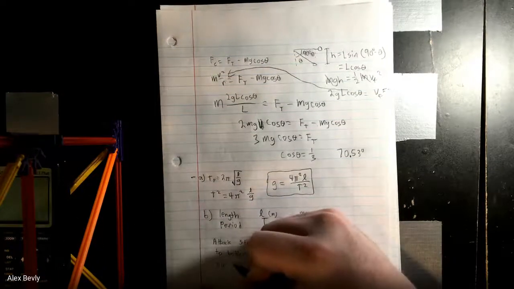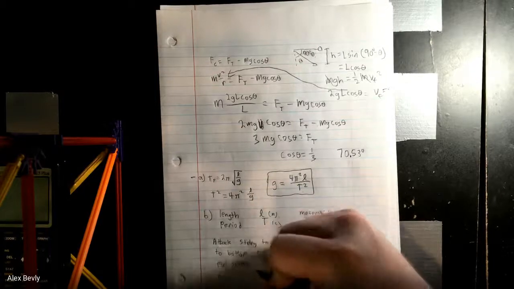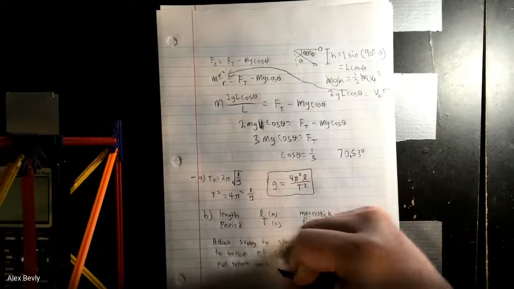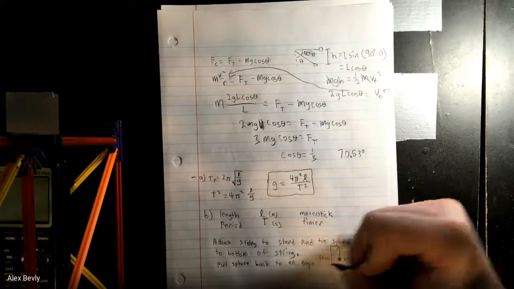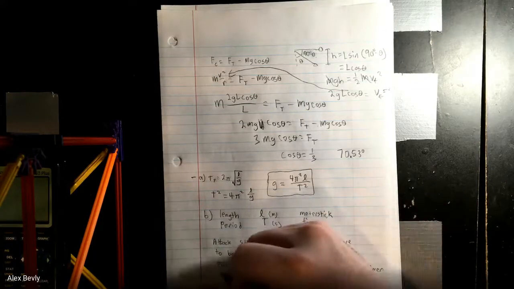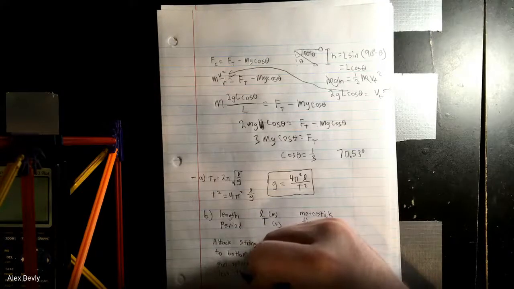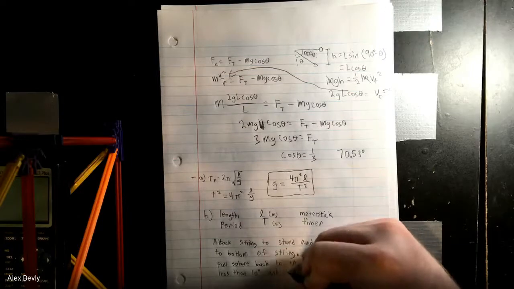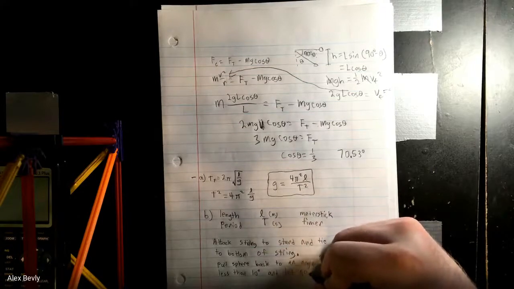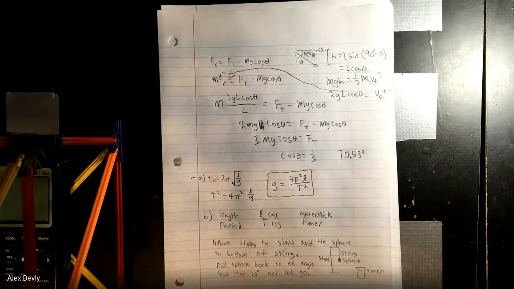Pull sphere back to an angle less than 10 degrees. And let go. All right, now, how are we going to measure this in a way that will reduce experimental uncertainty?